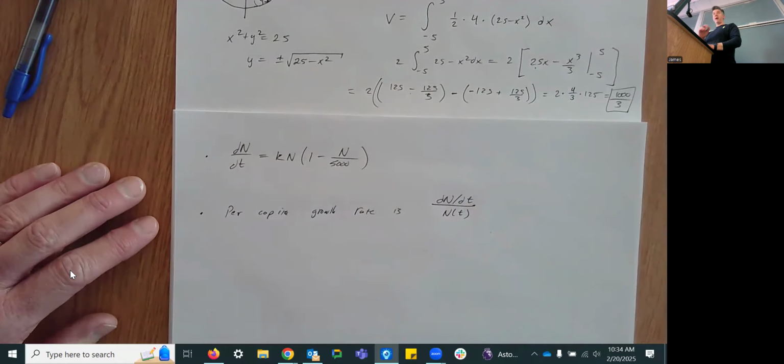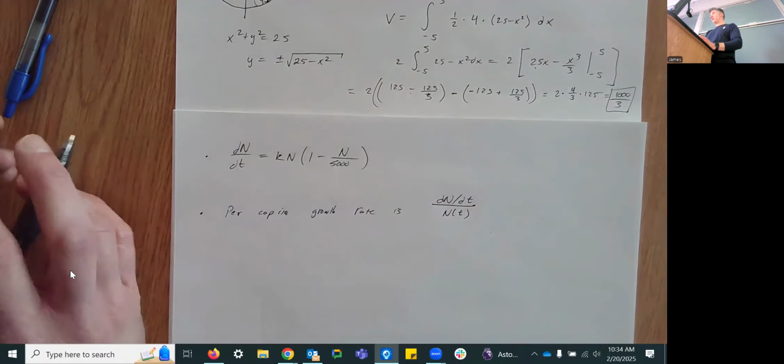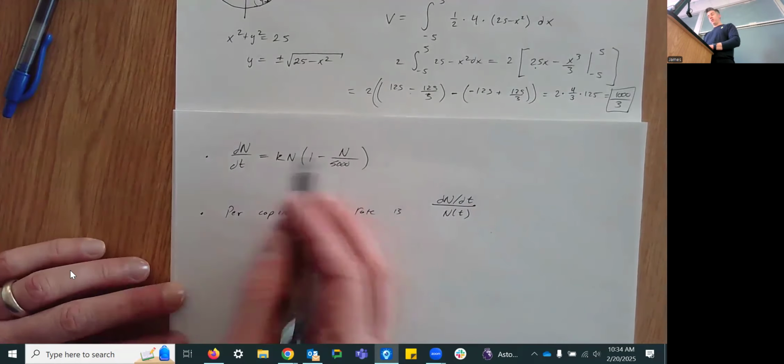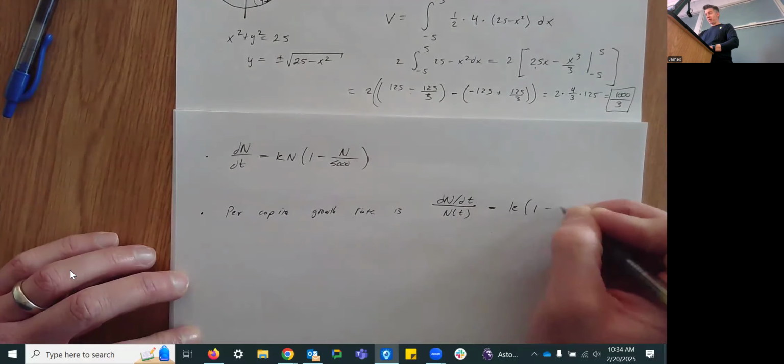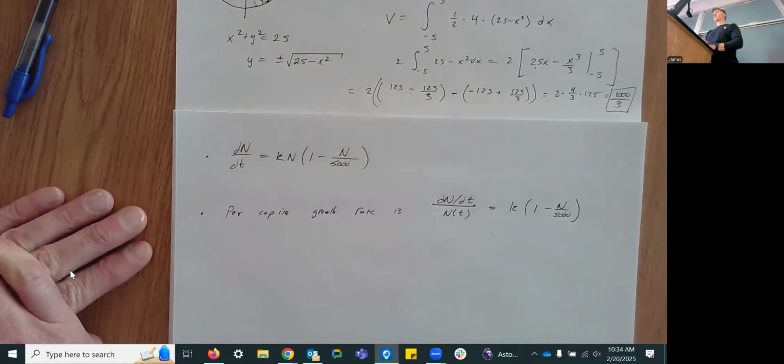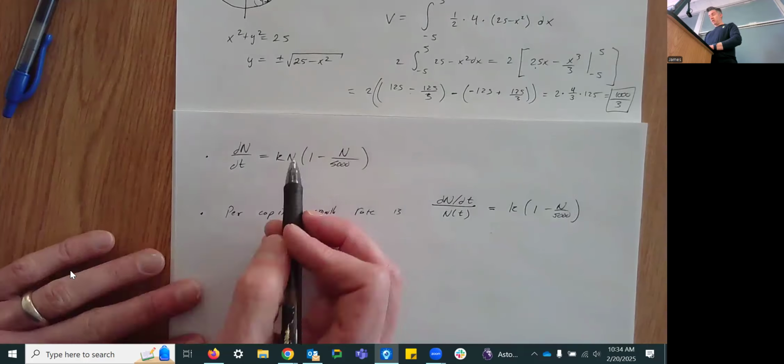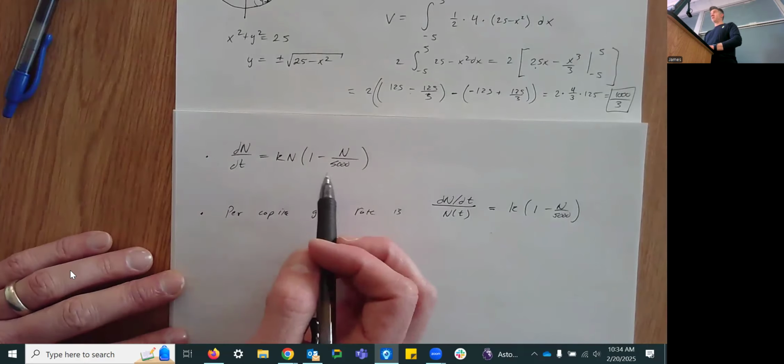I don't know if it's right, because I'm not seeing the exam exactly, but my best guess based on what we've written here would be to say it's equal to k times 1 minus n over 5,000. Just taking this equation and dividing both sides by n.